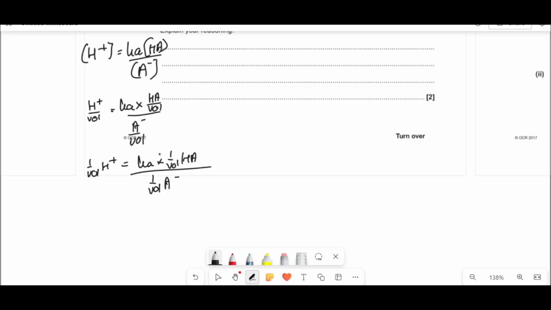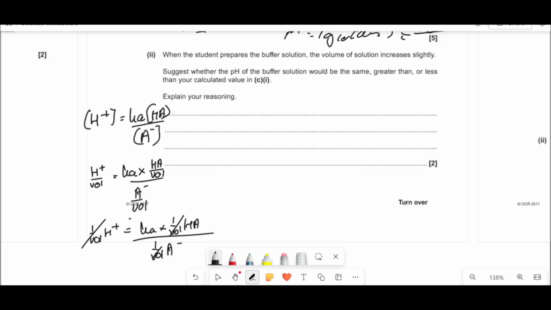Can you see how these cancel out, that cancels out, that cancels out? Can you see how this H+ is dependent on the proportion of these two, like this divided by this? So therefore, the pH is constant. Why? Because the HA, A- fraction or ratio or proportion is the same.